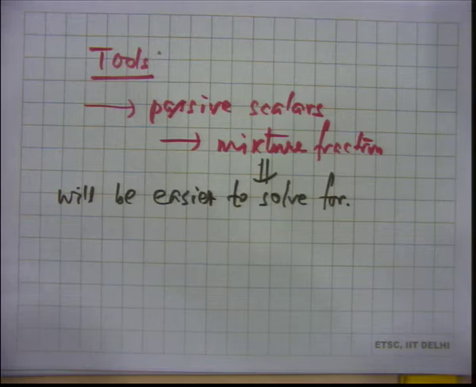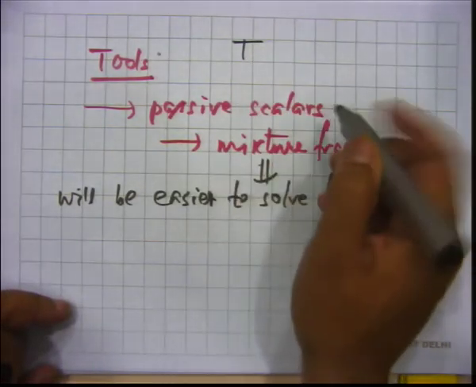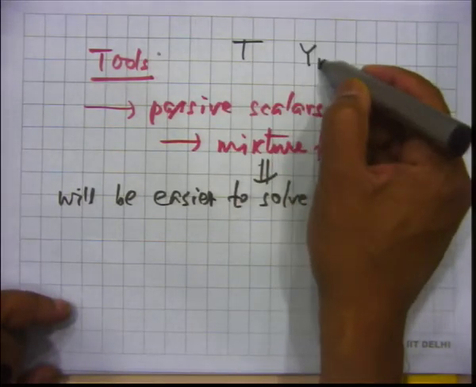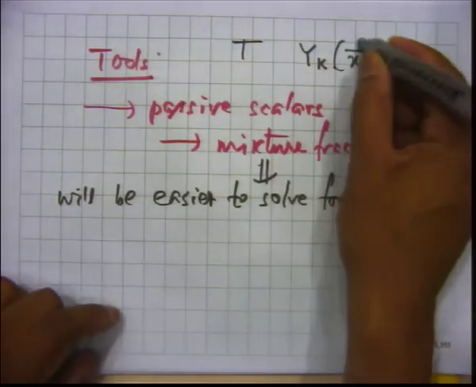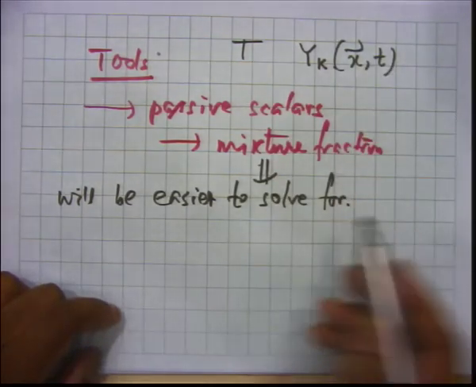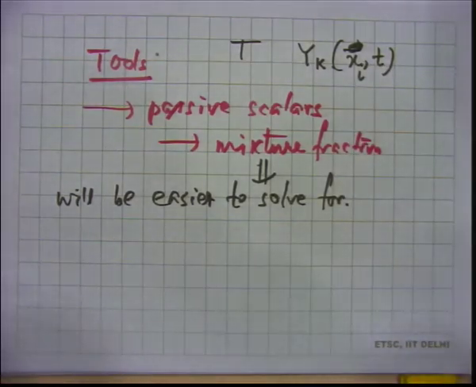So, what do we want actually? We want to get temperature, we want to get the various mass fractions in terms of what? Position and time. Yeah, position and time. So, in terms of, let us say, a spatial vector, or maybe I should write xi, because this is what we have been writing, xi.